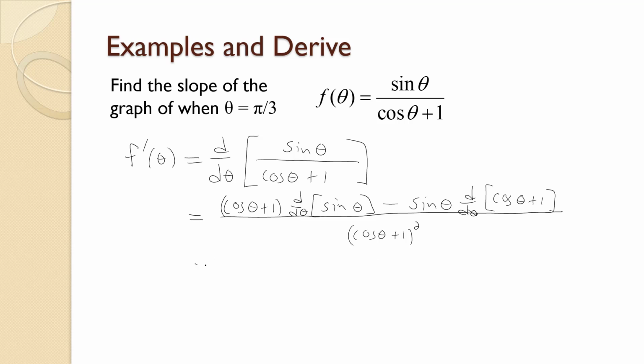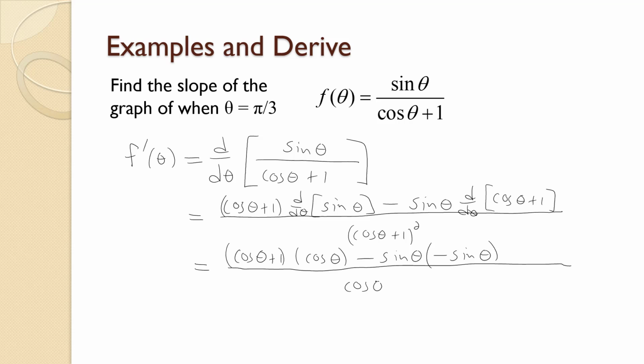So that's going to equal big long bar. I'd have the cosine of theta plus 1. The derivative of sine of theta with respect to theta is just the cosine of theta minus the sine of theta. And then the derivative of the cosine of theta plus 1 with respect to theta, the derivative of cosine of theta with respect to theta is negative sine of theta. And then I have the derivative of 1, which is just 0. And that's all over the cosine of theta plus 1 squared.